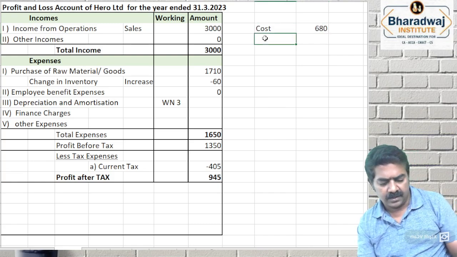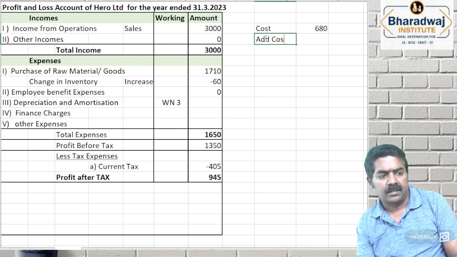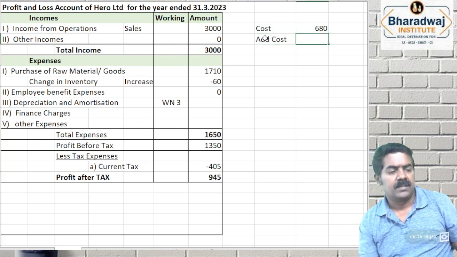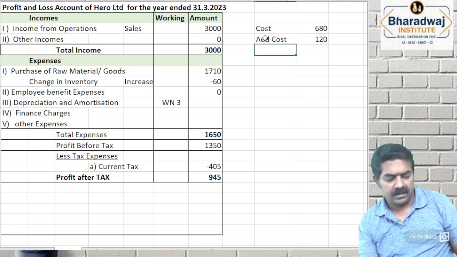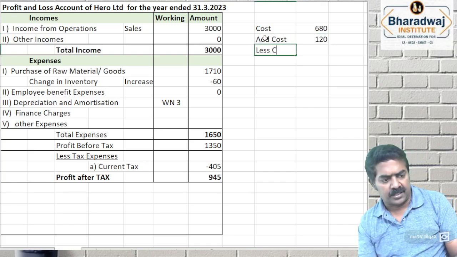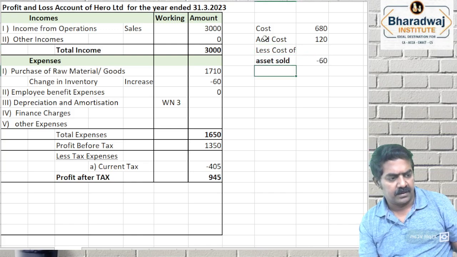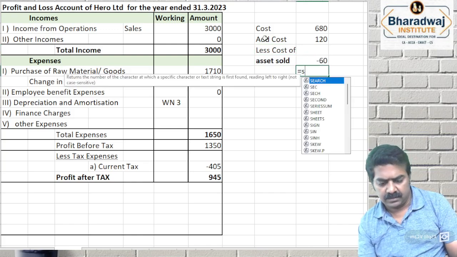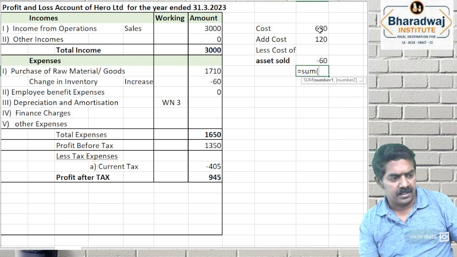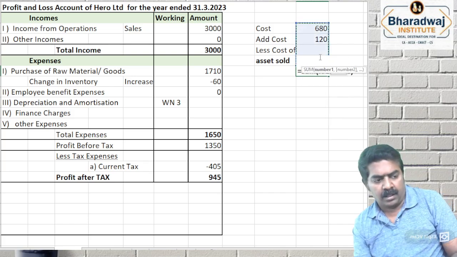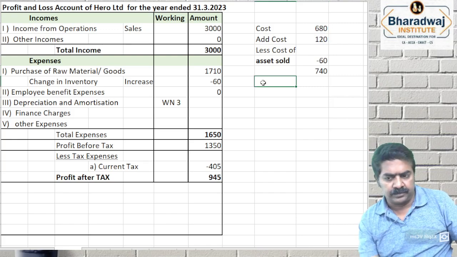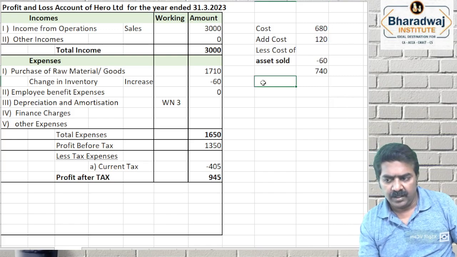680,000. Add cost of asset purchased, 120, less cost of asset sold, 60. This will give us the depreciable asset. What is the rate of depreciation? 20% on cost.